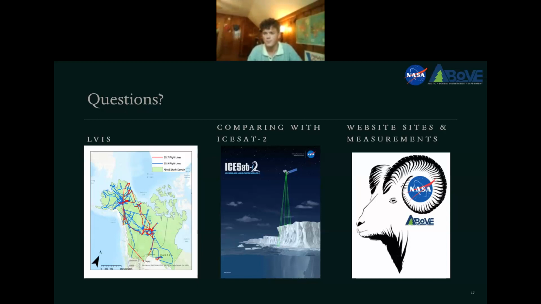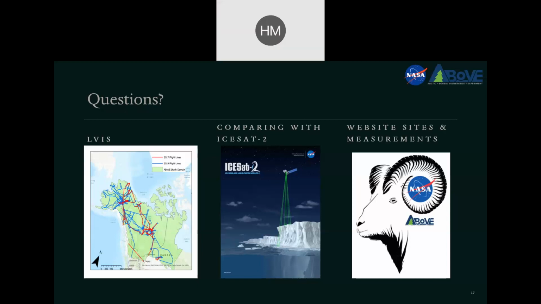So what can Elvis tell us about tundra? Well, it's a vegetation structure instrument. You'd think it'd be really interesting in redwoods and large forests and all that. Why take data over tundra?